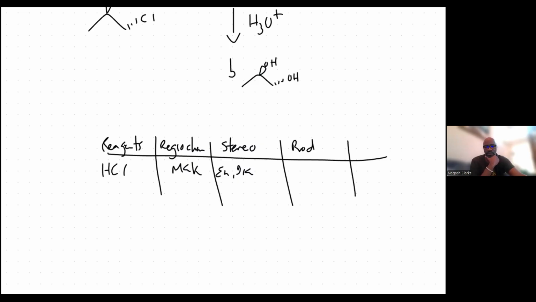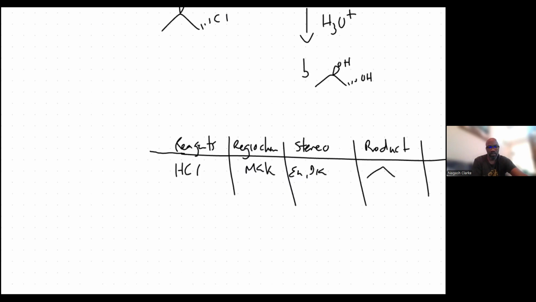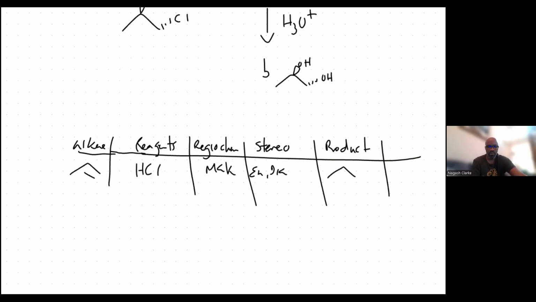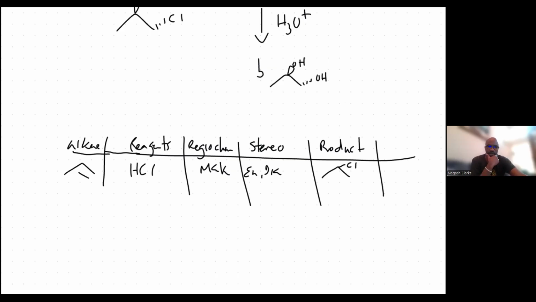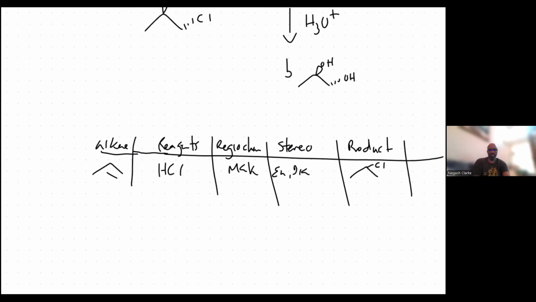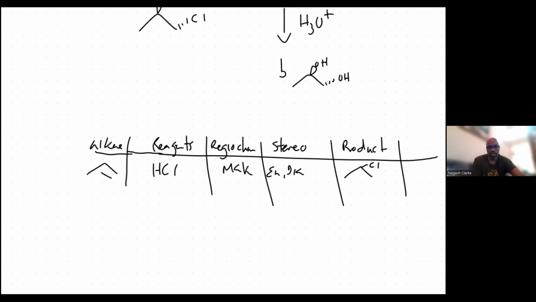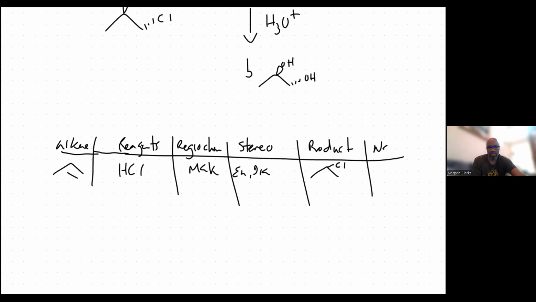So let me back up here. So let's take propene again. The product is gonna be chloropropane. And so you can make a little table so you can list all the reagents and then name, so they call this hydrohalogenation.